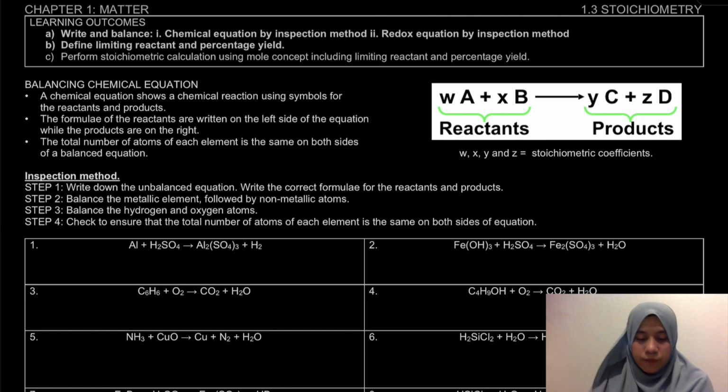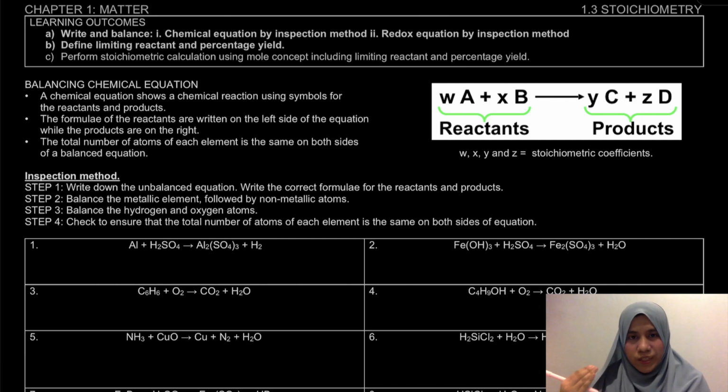After that, barulah last tu kita akan balance the hydrogen dengan oxygen atom. And check to ensure that the total number of atoms of each element is the same on both sides of the equation. So, kalau reactant we have 5 oxygen, on the product side pun mesti ada 5 oxygen.